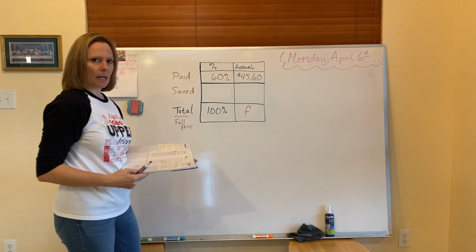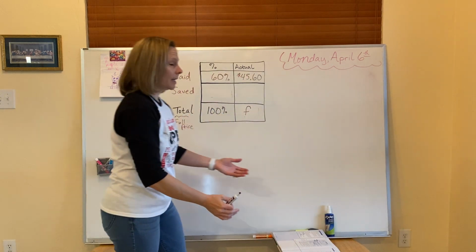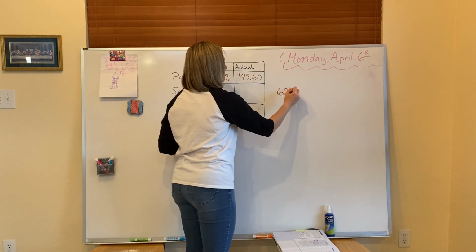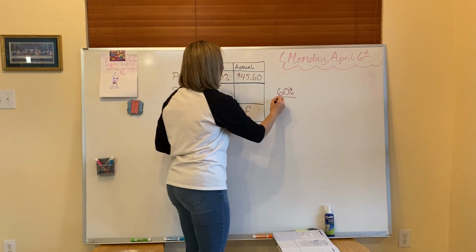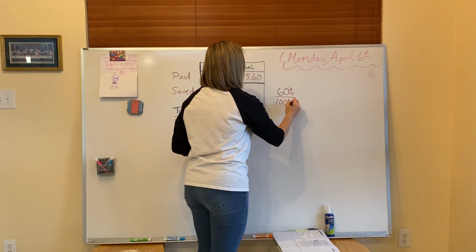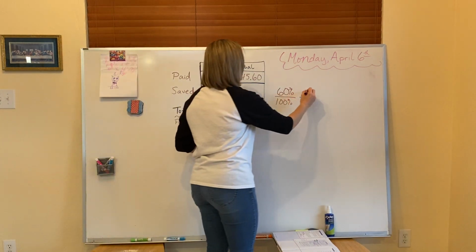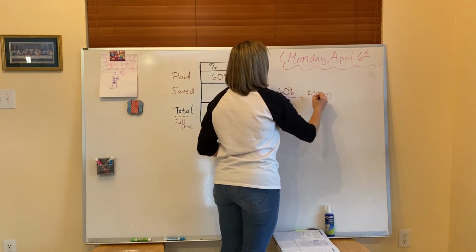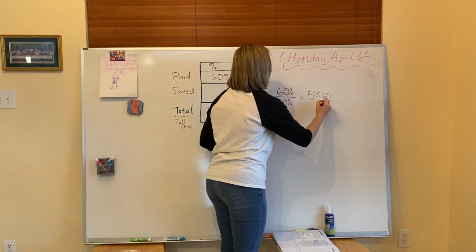So we're ready to set up an equality or a proportion, right? 60% is to 100% as $45.60 is to F, the full price.